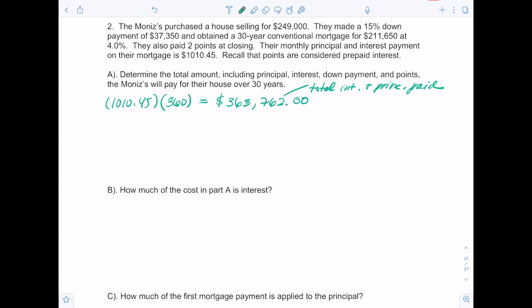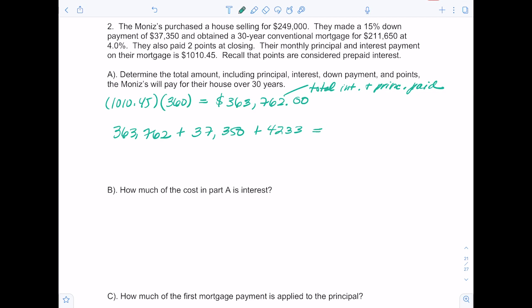Now to figure out the total amount, we're going to take the $363,762. And remember, they paid also a down payment of $37,350. And they're paying to the bank $4,233. That was calculated from the 2 points.